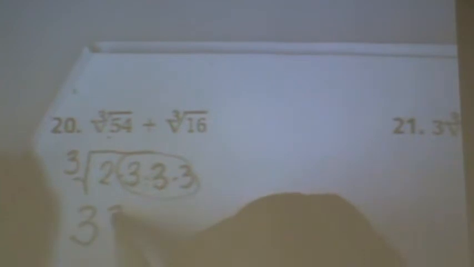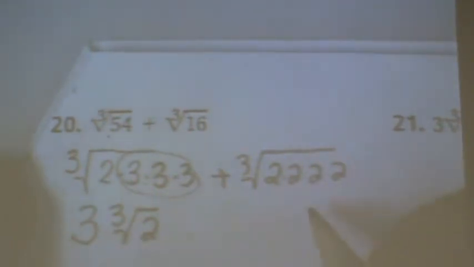Think of it in your head: 27, 9, 27, 3, 3, 3, and 2. 6 times 9 is 54, and I have 3 3s, so it's 3 times the cube root of 2. And now this one is going to be 2 times 2 times 2 times 2, right? Yes. So we've got 2 times the cube root of 2.